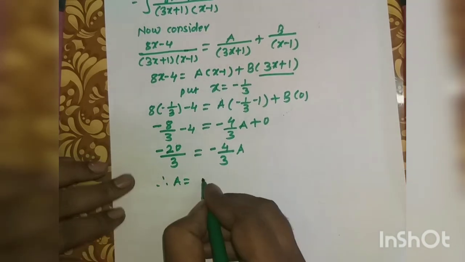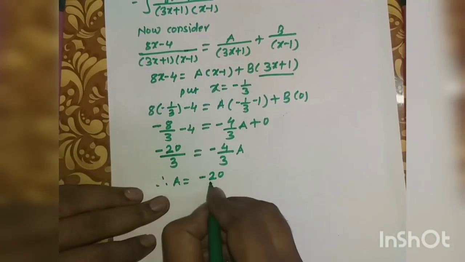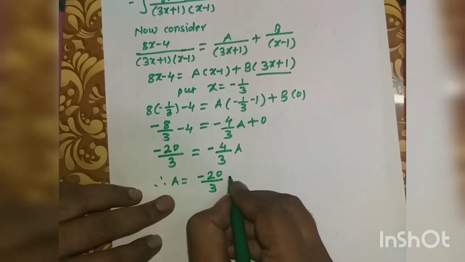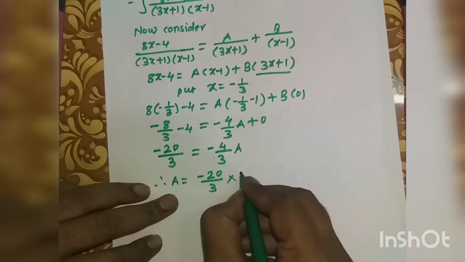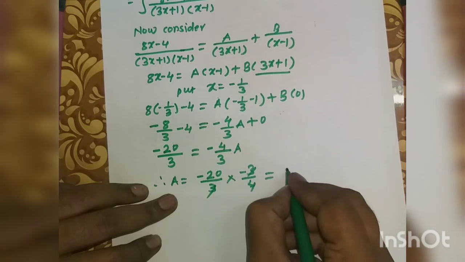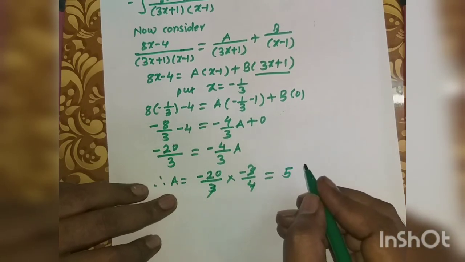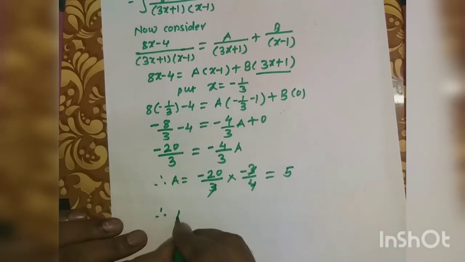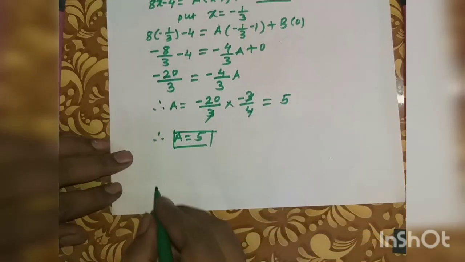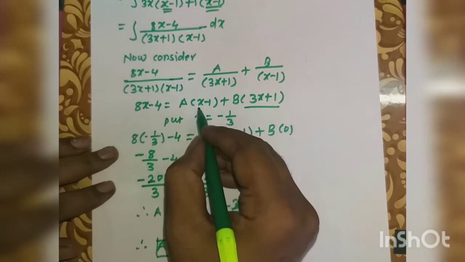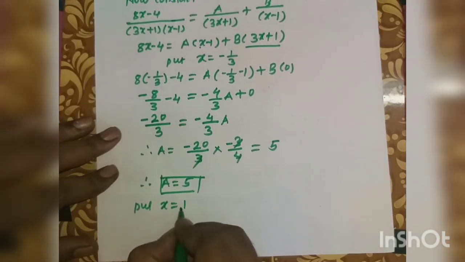Therefore a is equal to minus 20 divided by 3, and by cross multiplication, minus 3 divided by 4, with the 3 cancelling, is equal to plus 5. Therefore a is equal to plus 5. We get the first value. Again, we want the coefficient of a to be 0, so put x equal to 1.